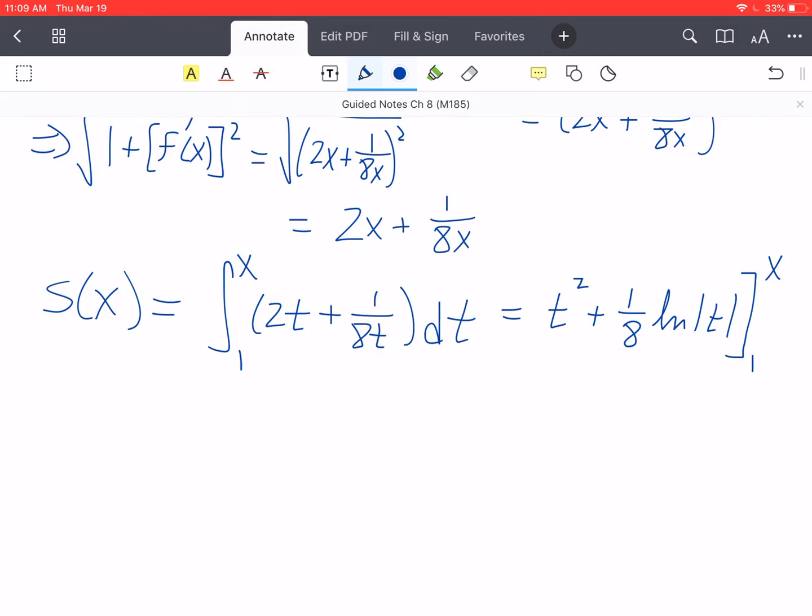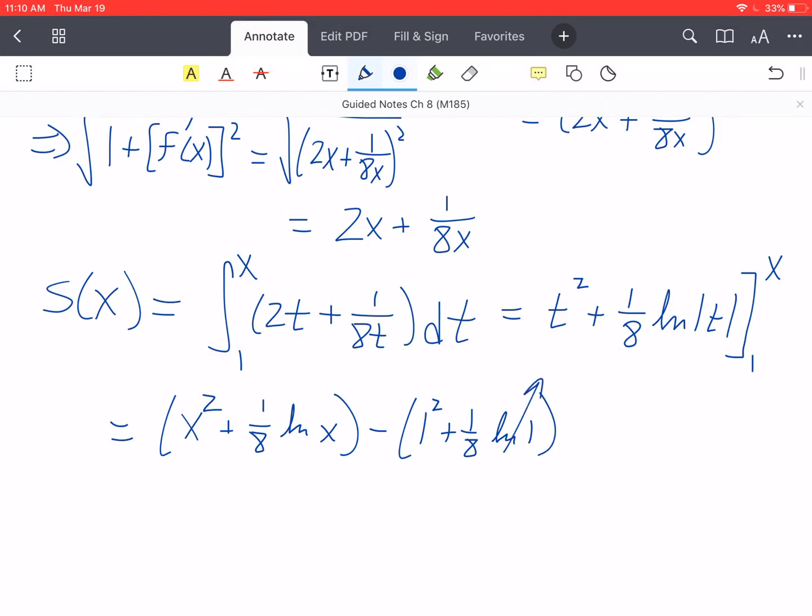We won't need to keep the absolute value on that ln just because we know that all the values are going to be bigger than 1. So evaluate: start with the x, we get x squared plus 1/8 ln of x, minus 1 squared plus 1/8 ln of 1. ln of 1 is just 0.